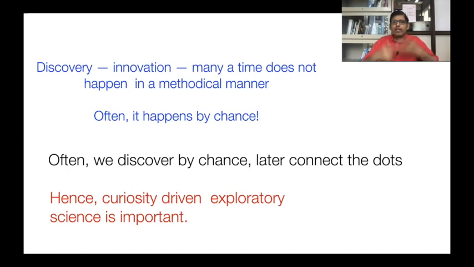So you would find something by chance, and later you would connect the dots. But it's important to connect the dots and make all the steps and understand what you found by chance and connect it to what is known. But it is a fact that many findings are found by chance.